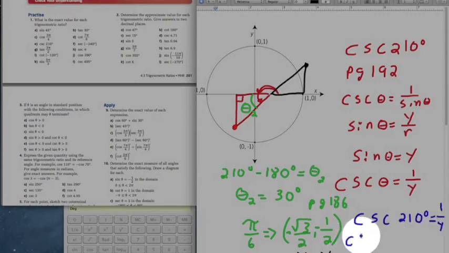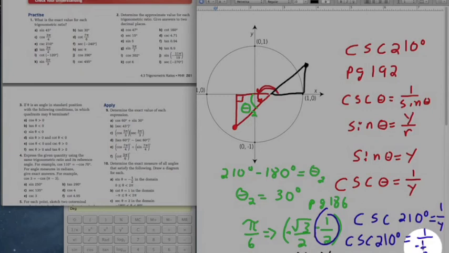Cosecant of 210 degrees is going to be my y-coordinate. So this is my y-coordinate. So it's going to be 1 over negative 1/2.